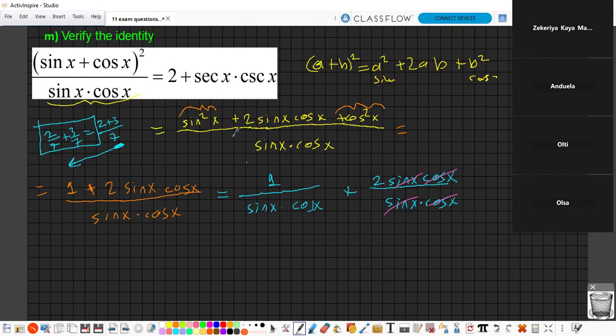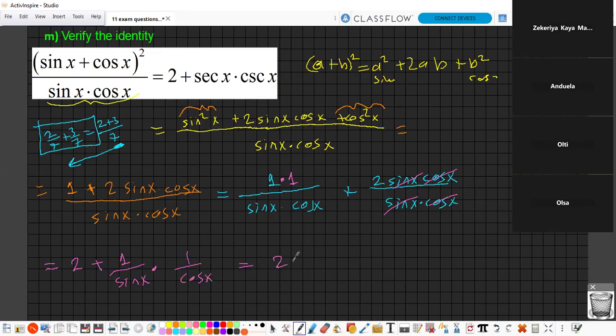So how can I write this one as secant and cosecant? The number 1 in here, we are going to apply something over there. We will make it 1 times 1, which doesn't change the value. And that plus 2, let's put it in the beginning so we can prove it exactly as this one. So this 1 times 1 over sine x times cosine x, we separate as 1 over sine x times 1 over cosine x.